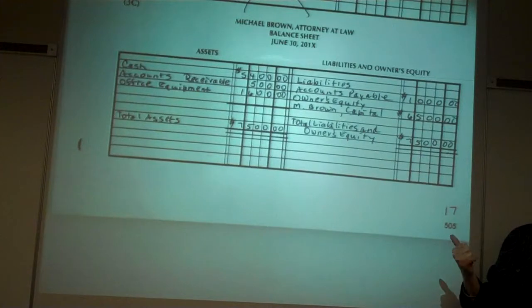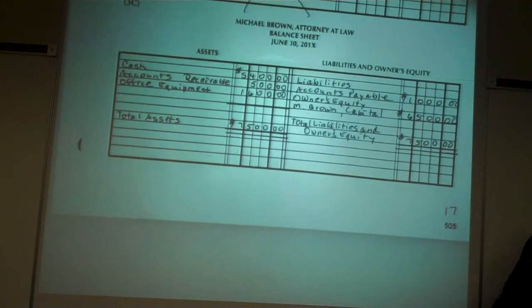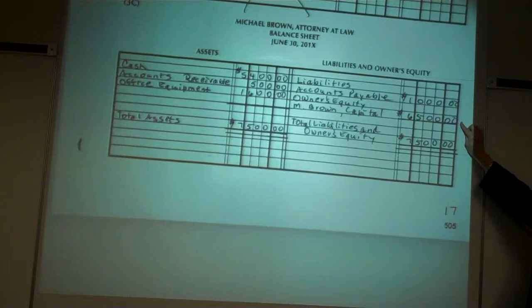Could we have more than one capital here? If we'd had a partnership, we would, wouldn't we? Now, where did this number come from? Because the beginning capital was 6,000, wasn't it? Off the statement of owner's equity.